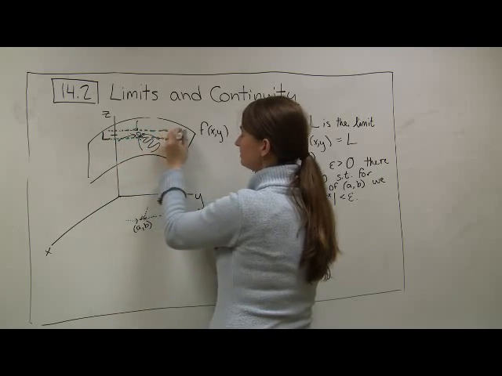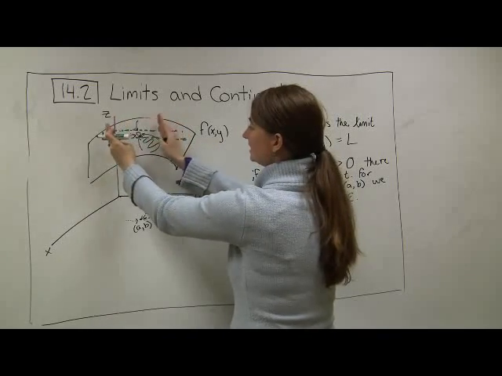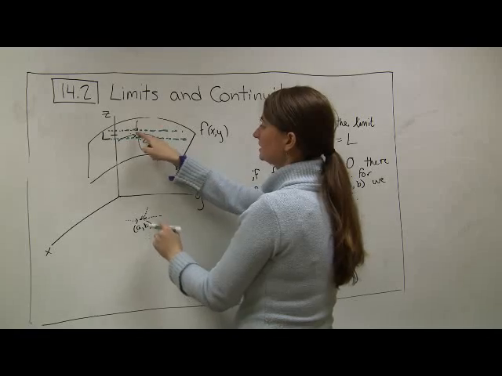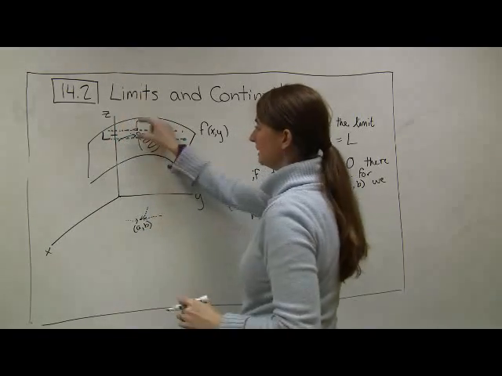So once I set up this band, I want to make sure that things aren't jumping outside of this. As I get closer and closer to this f of AB point, as I zoom in on this, I don't want to be jumping outside of this band anymore.